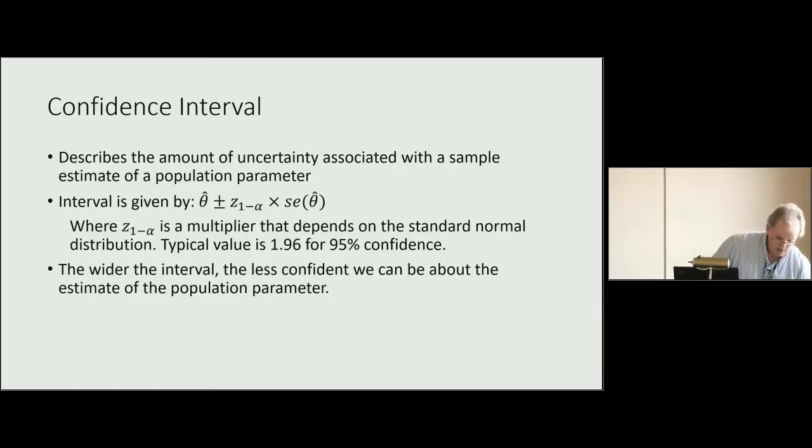So what is a confidence interval? The confidence interval describes the amount of uncertainty associated with a sample estimate, our sample mean, for example, right? Again, we take a sample from the population, we've got data, and we calculate our sample mean and a sample standard deviation, right? But notice, I could take all kinds of different samples from the population.